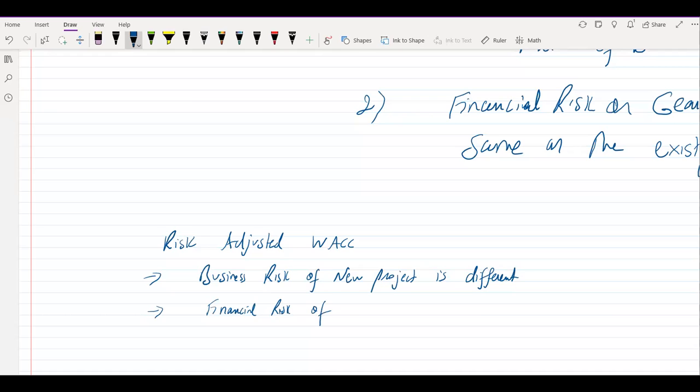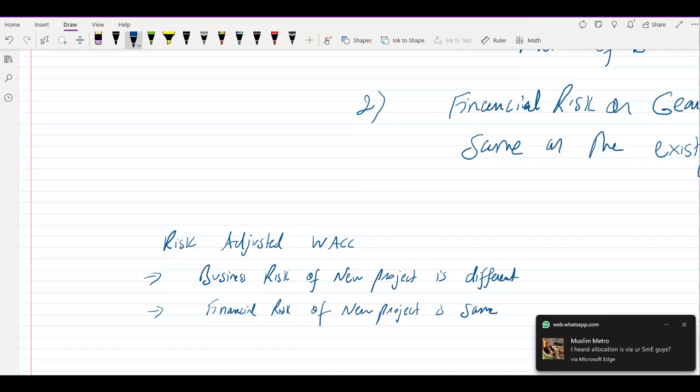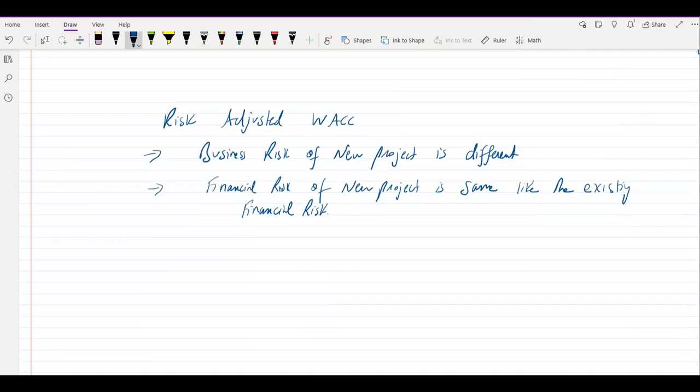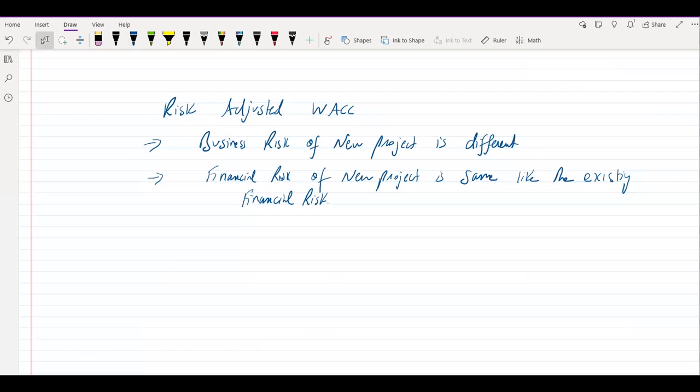Financial risk of new project is same like the existing financial risk. So business risk नए वाले प्रोजेक्ट का डिफरेंट है, financial risk is same. Business risk of the new project is different, but the financial risk is same. Then you can use the risk adjusted WACC. So what are the steps?